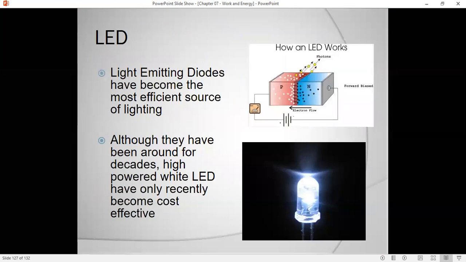Eventually, we've been able to switch to a new technology, which has been around for quite some time, and these are light-emitting diodes. The idea of a light-emitting diode is that we pass electricity through a semiconducting material, we call it a diode, okay? Di means two.